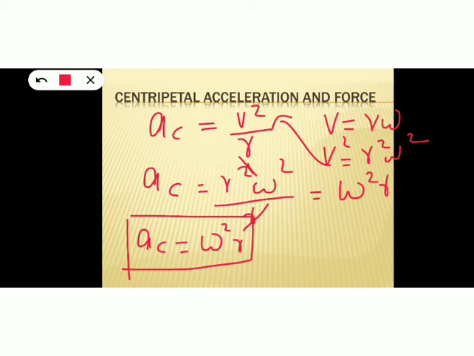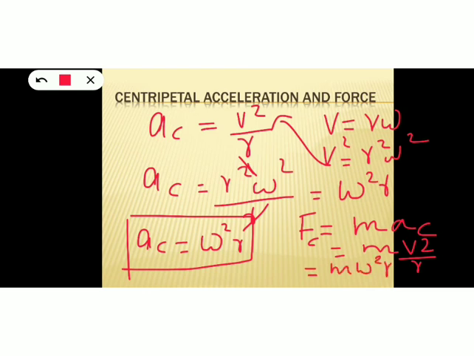So we got the acceleration, then what will be force? We know that force F is equal to mass into acceleration, ma, and in the case of centripetal force it will be m into centripetal acceleration, that is equal to m into v square by r, and also m into another form of acceleration, omega square r. So we have two expressions for centripetal force.